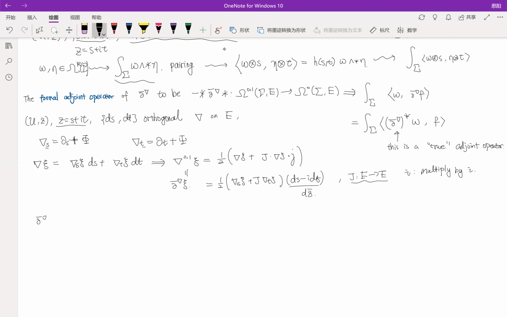And the formal adjoint acting on any function f, acting on any differential zeta of dz bar, will equal the associated adjoint dz bar dz zeta of dz bar, which is equal to minus of, and dz bar should be identical, and dz bar is in fact ds plus idt, ds minus idt.